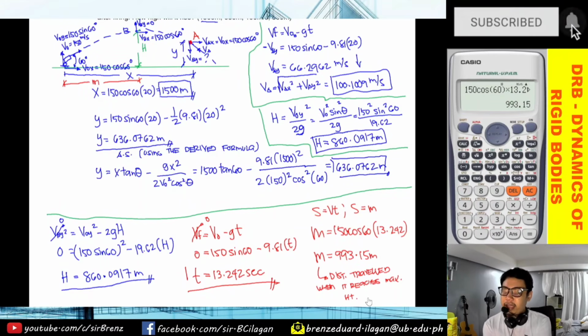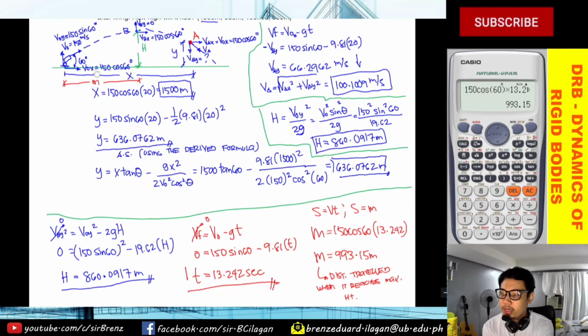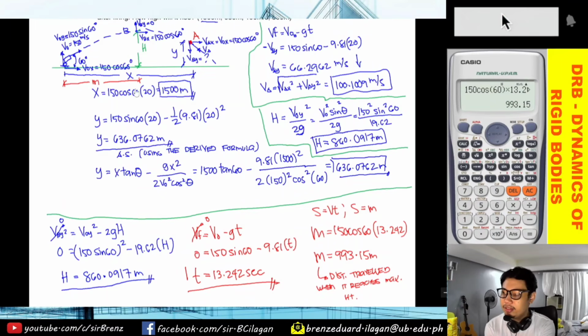And if pantay lang naman guys yung case mong ganyan, kumbaga level lang naman yung ground, yung maximum range niya, i-multiply mo lang ng 2, kasi kalahati lang yan. And ganun lang din sa time, multiply mo lang din ng 2.